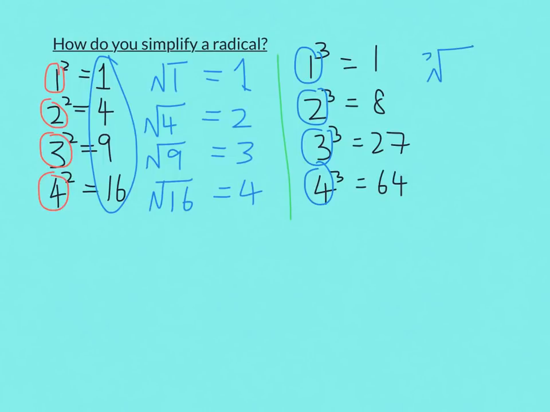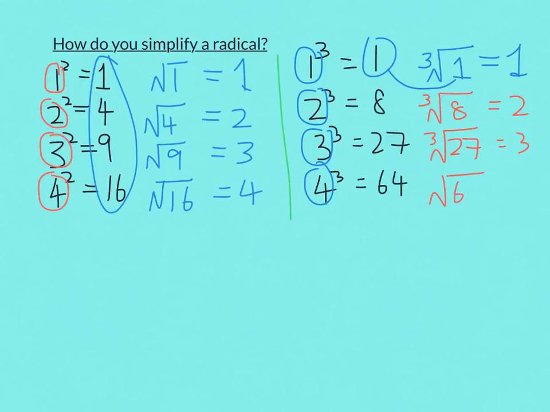So you can see I'm putting an index of 3 here, and I'm going to put a 1 into this number here, and this would give me 1. If I take the cube root of 8, that will give me 2. The cube root of 27 will give me 3, and the cube root of 64 will give me 4.